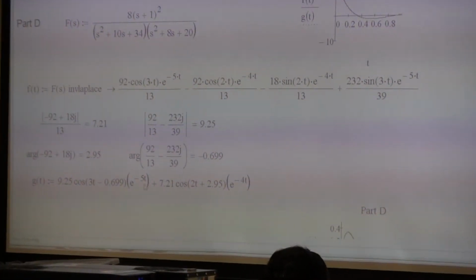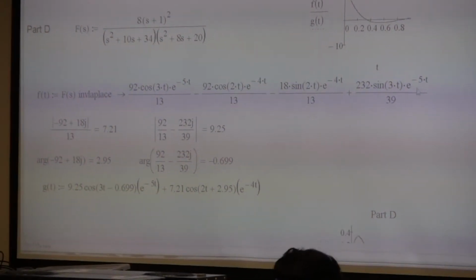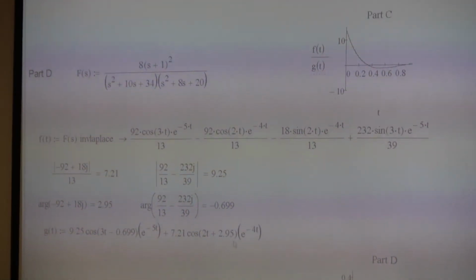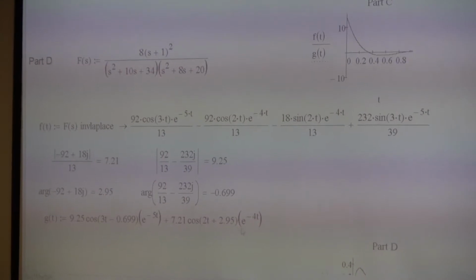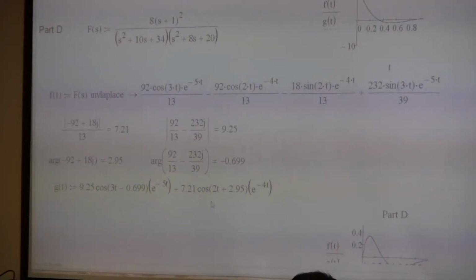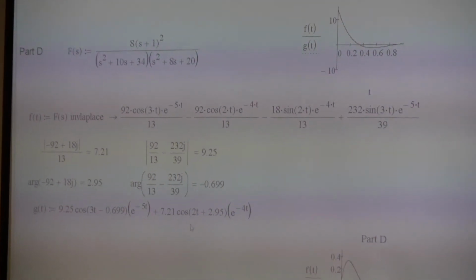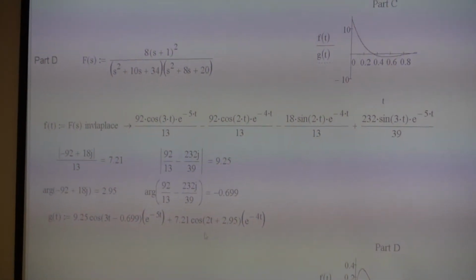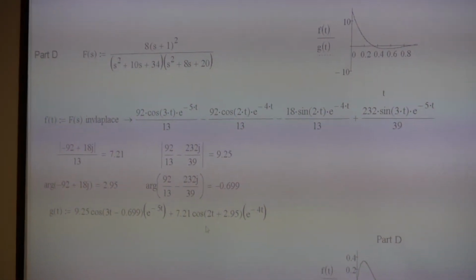Right? Each one has its own exponent that was factored out of those two terms and then put back in. So we've just separated it by frequency. They have to have the same frequency in order to be combined.